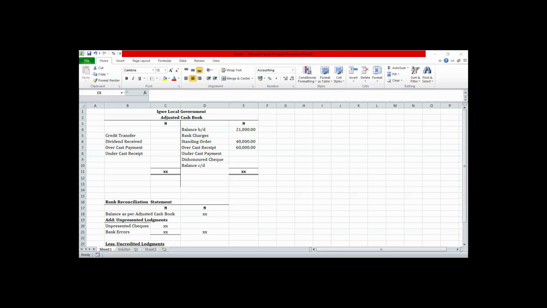They withdraw money from the fixed deposit account. The money is supposed to be deducted from the fixed deposit account, but when they wanted to post it in the books of account, they mistakenly posted it in the current account of the company. What type of error is that?